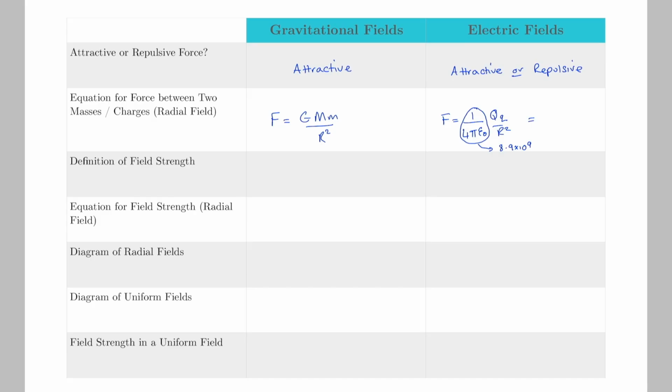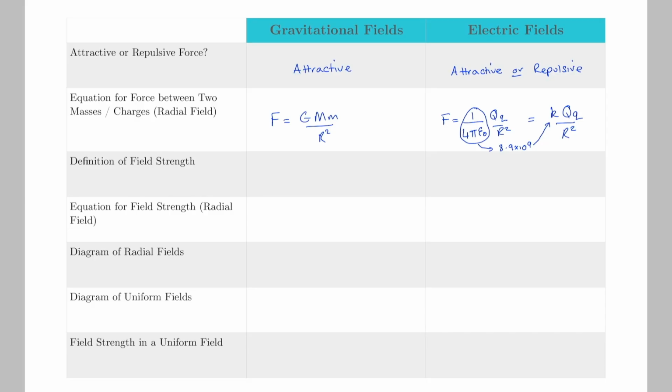So we simplify this equation by saying k q1 q2 over r squared, and this k value is equal to 8.9 times 10 to the 9. And you'll recognise that the force between the two masses and charges is exactly the same. We've got a constant times the product of the masses, or the product of the charges, divided by r squared.